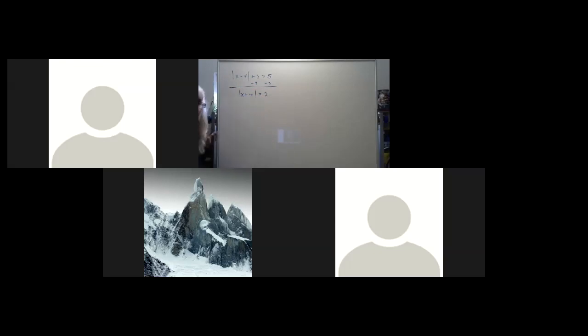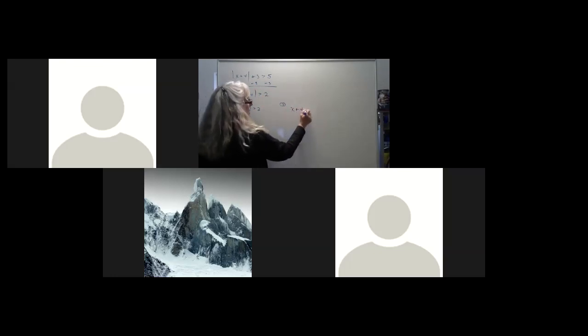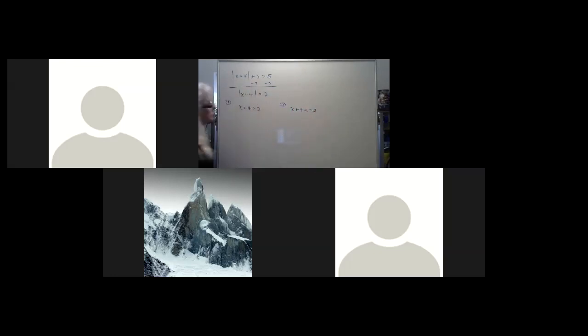And now that I have the absolute value by itself, we can write our 2 statements. So our first statement would be x plus 4 is greater than 2. And our second statement is going to be x plus 4 is less than, because we have to flip the inequality, a -2. So now let's solve both of those.